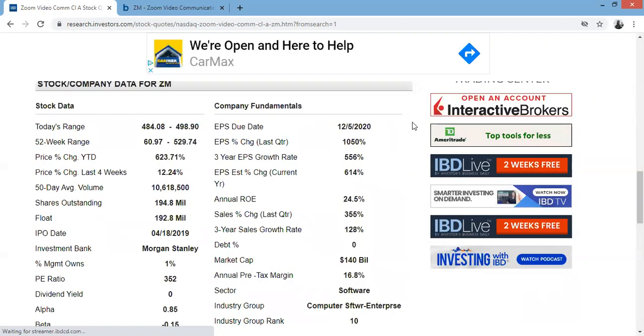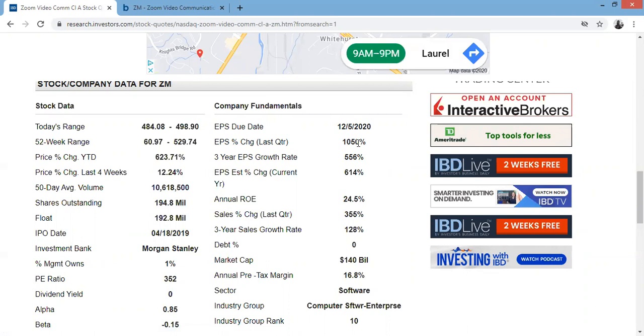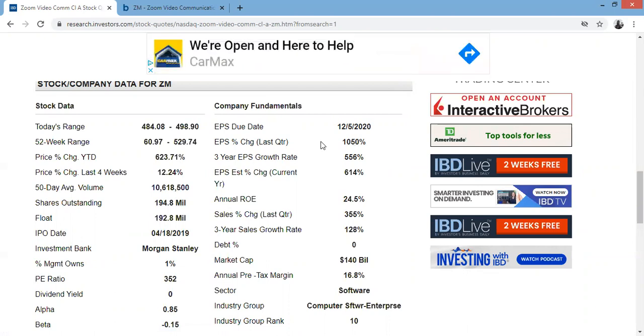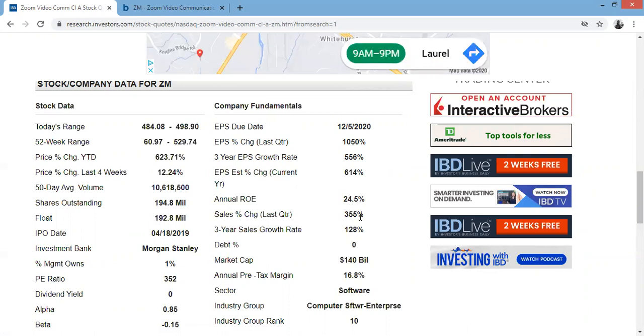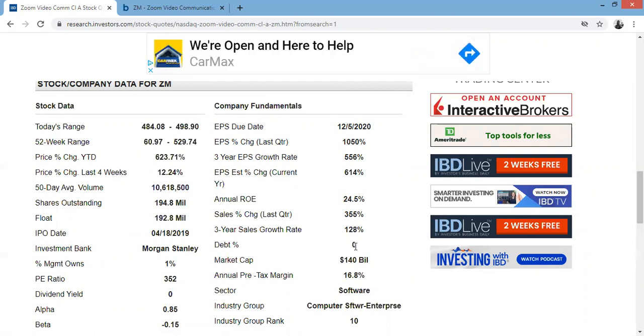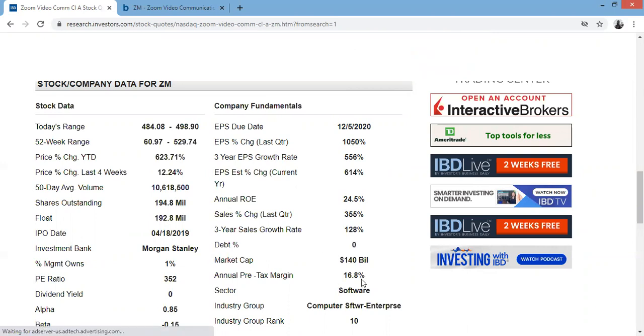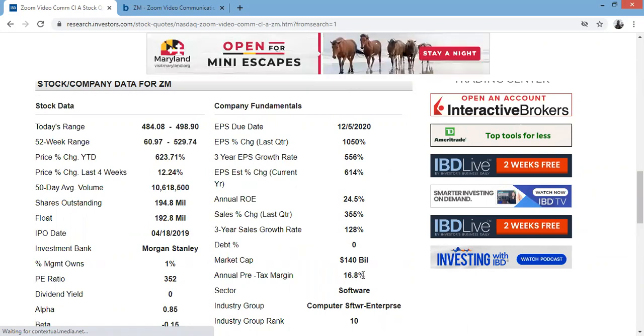And what I like to look for are earnings per share, which is EPS, annual return on equity, sales, and debt, and also pre-tax margins. Now, as far as pre-tax margins and return on equity, I like to see both of these above 15%.